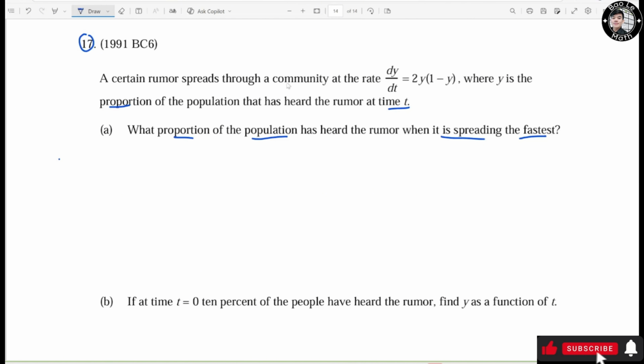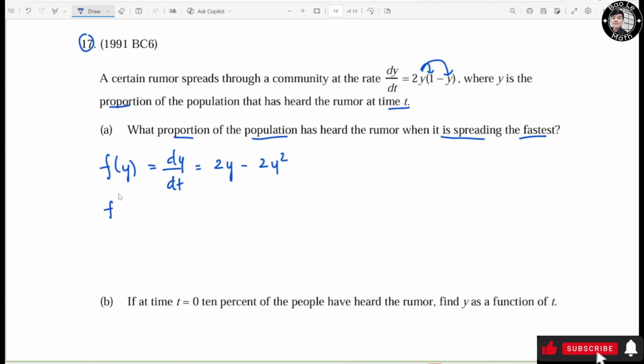Alright, so we need to find the maximum of this function. Let f(y) = dy/dt, which is 2y(1 - y). I'm going to distribute this: 2y - 2y².